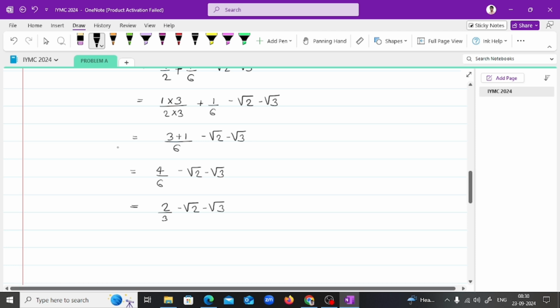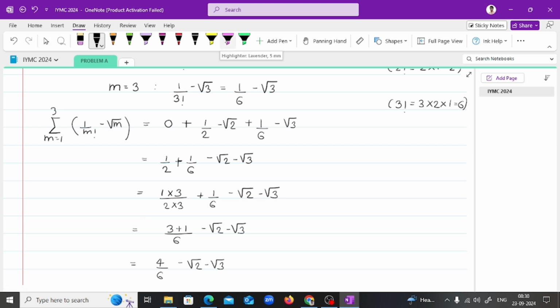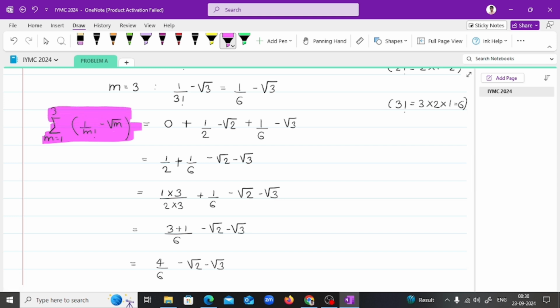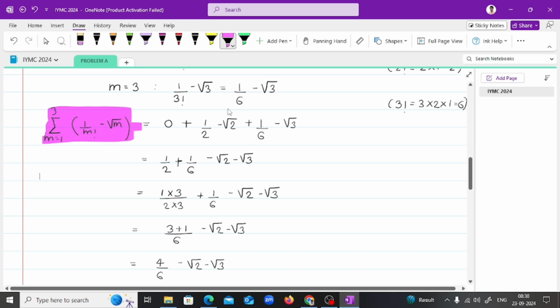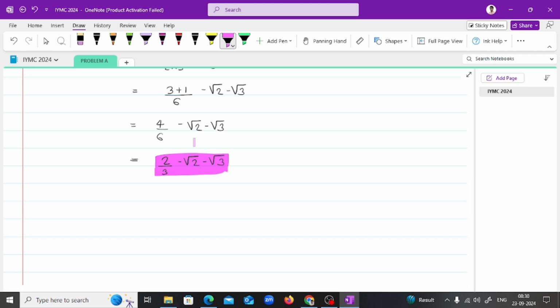This is the value of the summation m runs from 1 to 3 in bracket 1 upon m factorial minus square root of m. So I will highlight this. The value of this term is 2 upon 3 minus square root of 2 minus square root of 3.